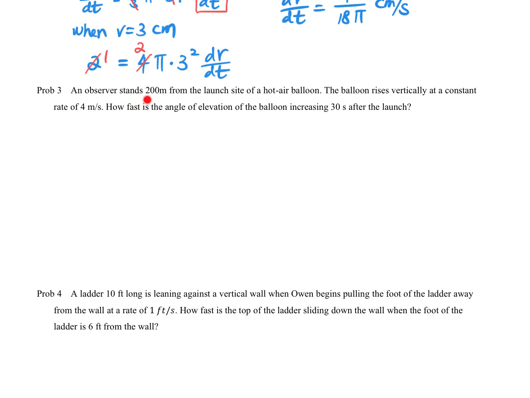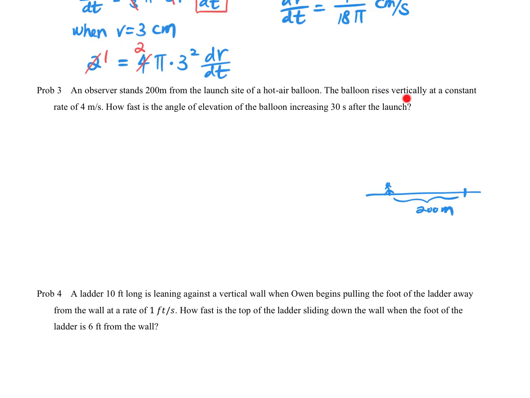An observer stands 200 meters from the launch site of a hot air balloon. So here is where the hot air balloon is launching, and this person is standing right there. From here to here, this is 200 meters.